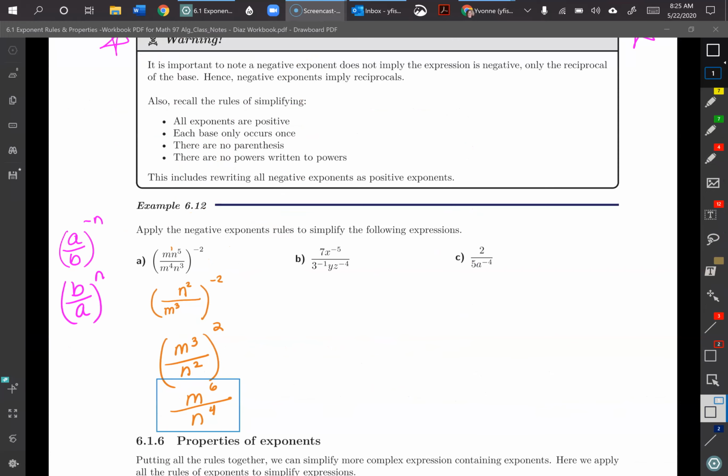Okay, so now I think I got the box I like. Now for part B, we have 7x to the -5, all divided by 3 to the -1, y, z to the -4.